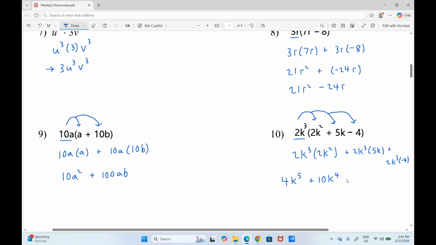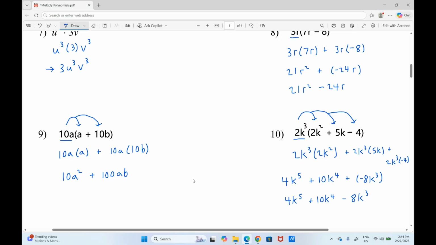And now I have 2 times negative 4 is negative 8. And there's no other k, so I leave it as k to the exponent of 3. Now, to simplify my answer, I'm going to have 4k to the exponent of 5 plus 10k to the exponent of 4. Now, instead of adding negative 8, I'm just going to write minus 8k to the exponent of 3. And that's my final answer there.